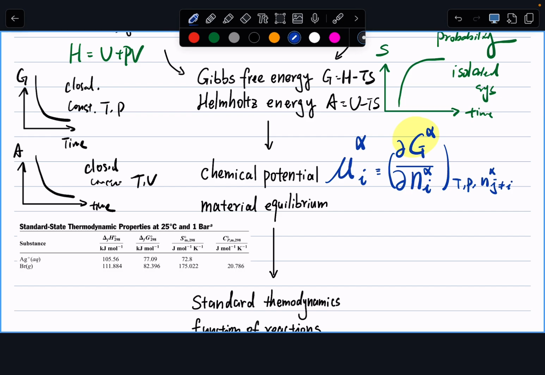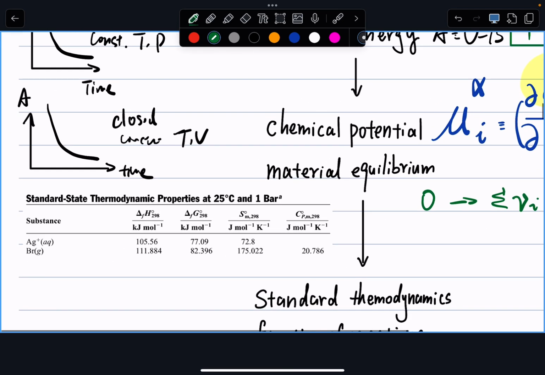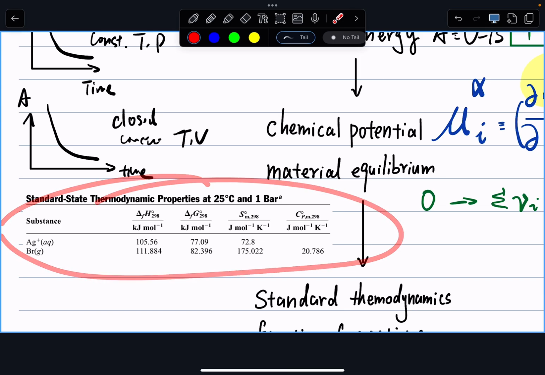And then we make a link between material equilibrium and reaction equilibrium using the generalized format of 0 equals the sum of stoichiometric coefficient times your species i. That's when we start talking about reaction equilibrium. And for reaction equilibrium, we then went over in chapter 5 our table of thermodynamic properties.